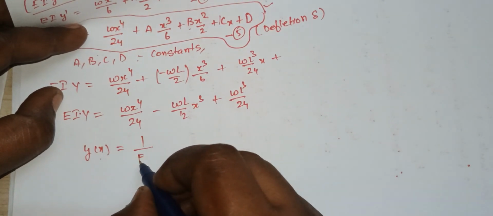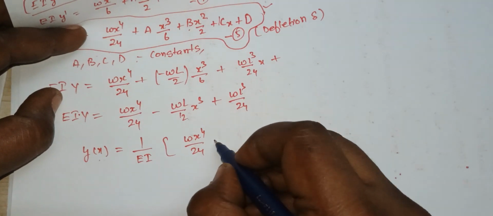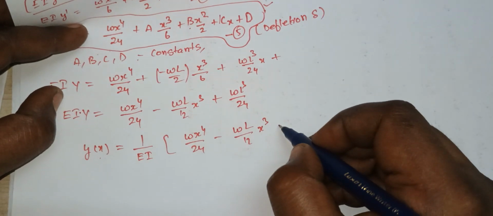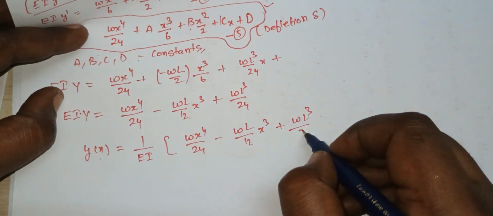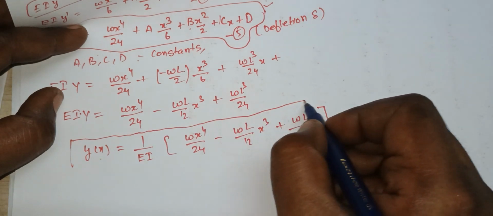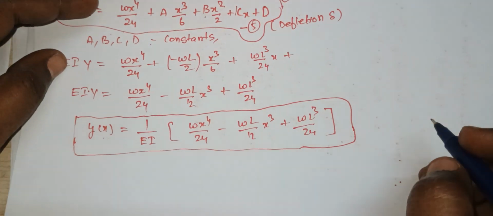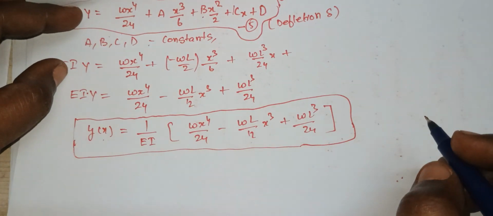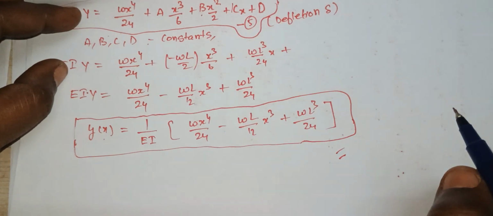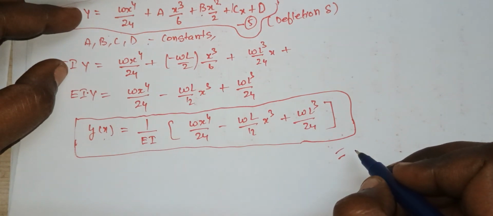Y is 1 by EI into Wx power 4 by 24 minus WL by 12 into x cube plus WL cube by 24 x. This is our final deflection equation for the simply supported beam. Okay, this is our final equation for the simply supported beam.